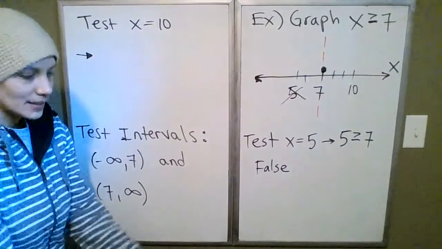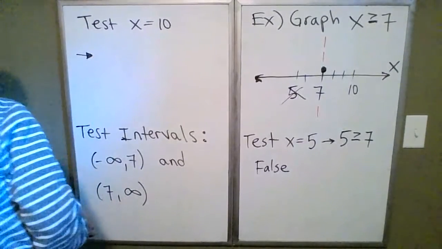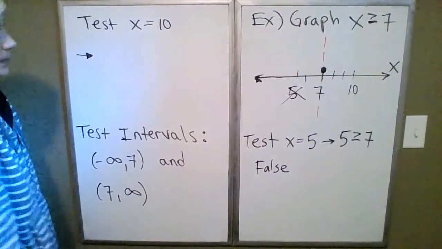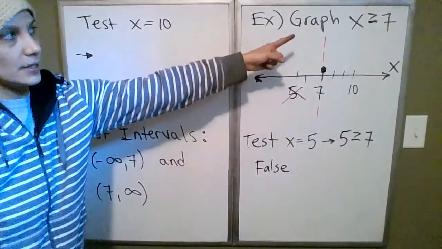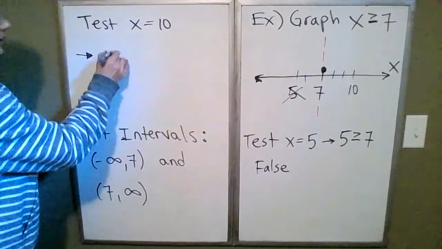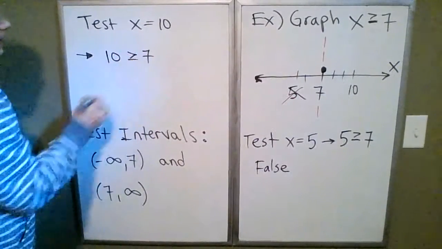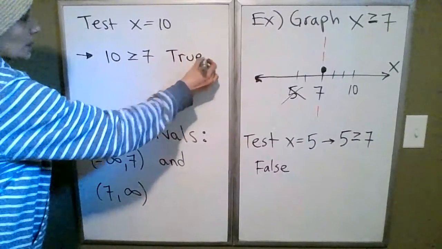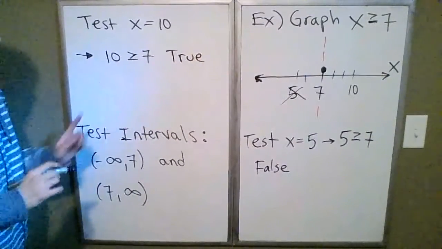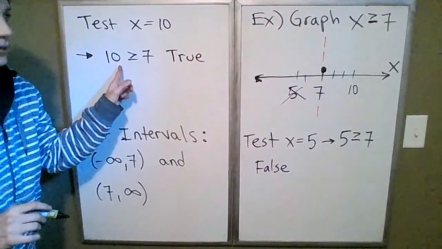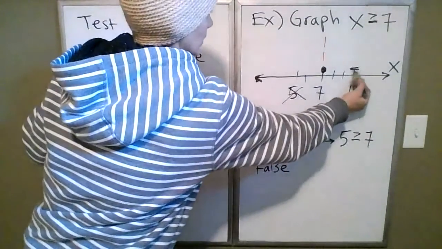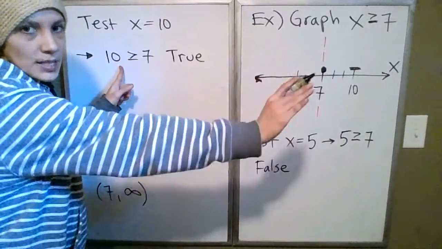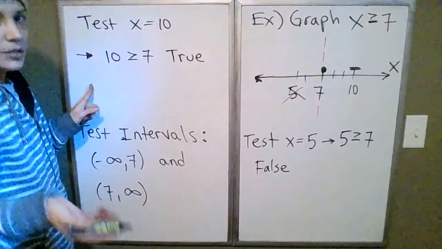All right, I think that'll make more sense as we do more examples. Trying x equal to 10 in your inequality. 10 is greater than 7, so this is going to be true. So I would shade over 10 because it is a solution. So we're going to start to shade. And then from practice, I know I can shade that whole side, but just for the question I was asked, you could test another point.